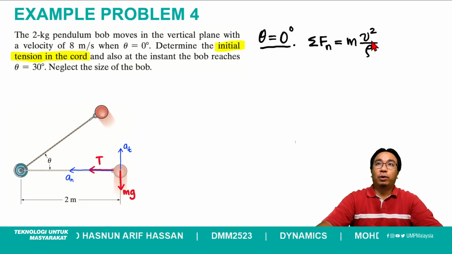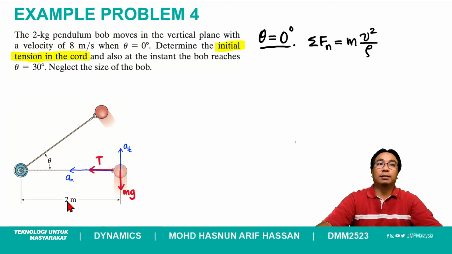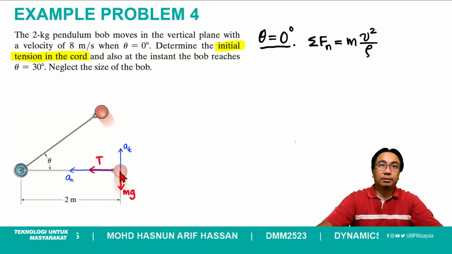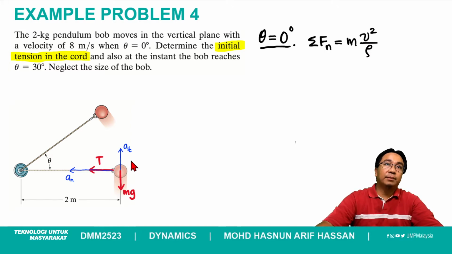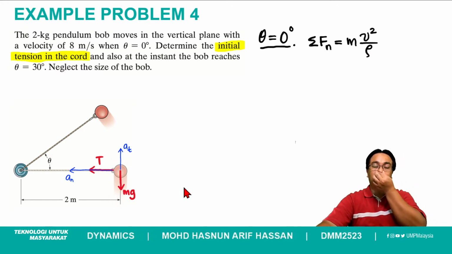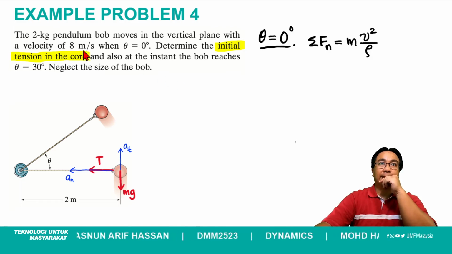Do we know what is the value of rho? 2 meter. 2 meter is the value of rho, the distance from the bob to the center. Do we know what is the value of v at this moment? Given, 8 meter per second. Yes.